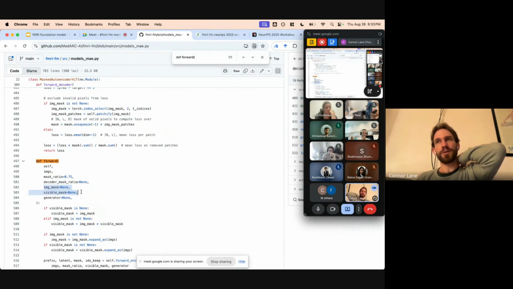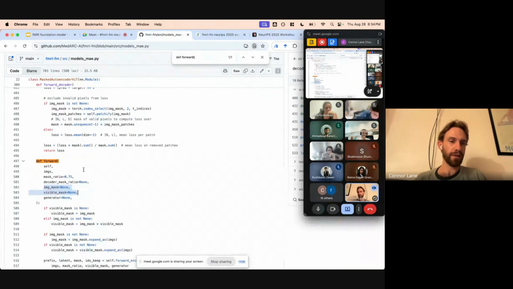The only difference between the fMRI flat maps and natural images is the presence of this background of all 0 unimportant values. And so the only change we really had to make to the MAE is to account for these invalid all 0 background values. We did that by integrating this image mask argument, which is just a mask of the valid pixels, and then updating all the logic of the masked autoencoder to account for that mask. There's really no other difference in the model implementation for the MAE.